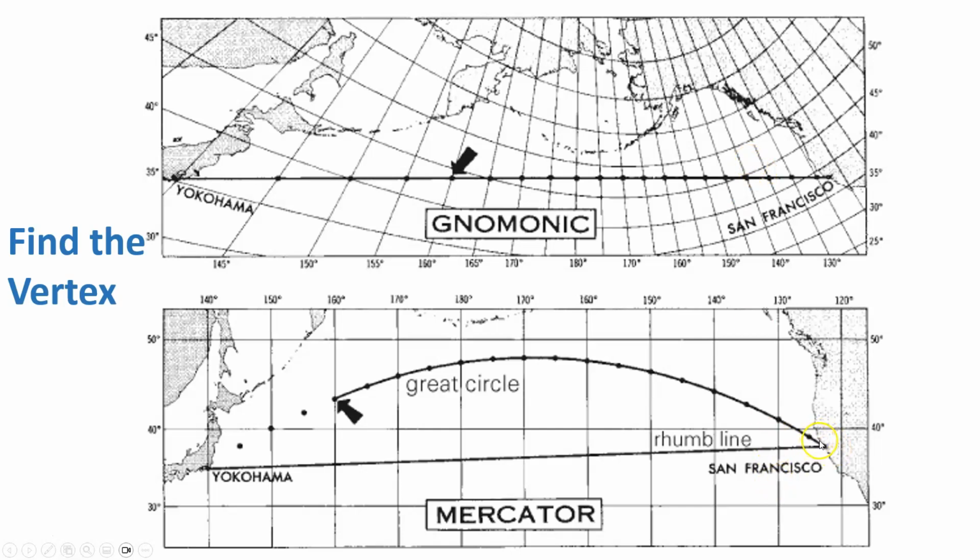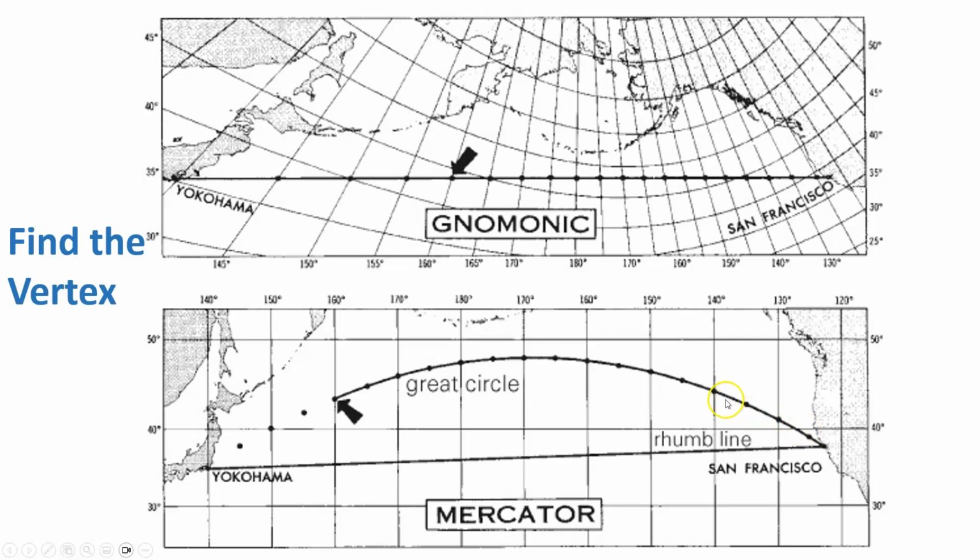And then what you do is steer a Rhumb line between these two points, and then a Rhumb line between these two points, and so on. Over the course of the voyage, you approximate the great circle. This is the actual Rhumb line if you went from San Francisco to Yokohama, but that would be a longer distance.